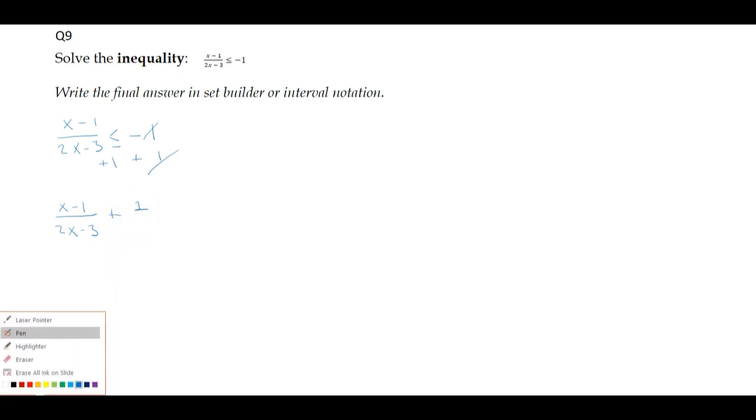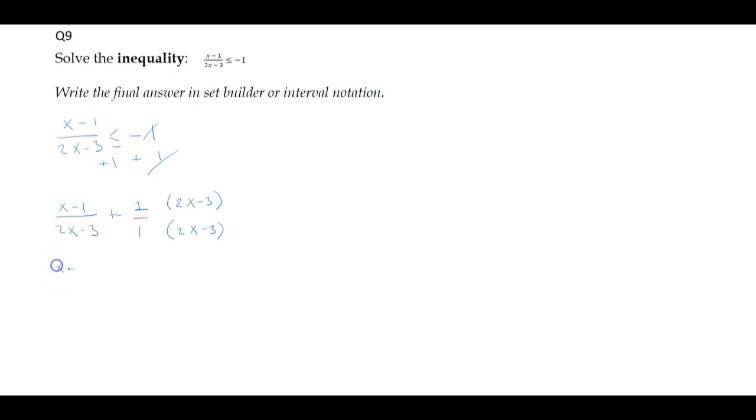Remember that we always have an invisible 1 as a denominator here, and I'm only writing it because I want you to see that we have an addition of fractions, and in order for us to add the fractions, we need to have the same denominator. So we're going to multiply top and bottom by the denominator here, so we can make them equal.